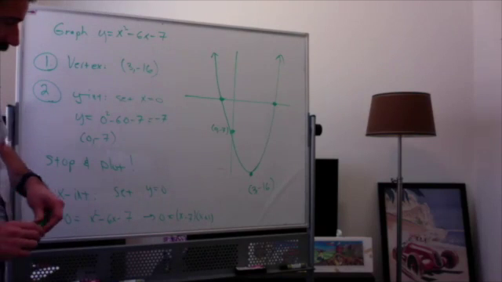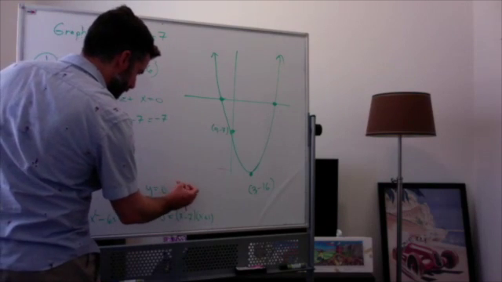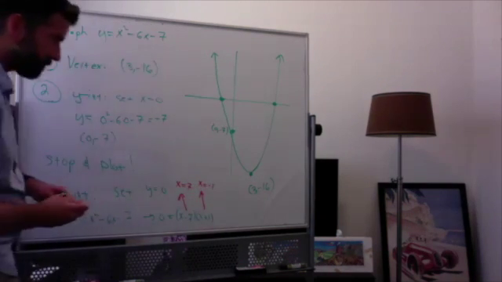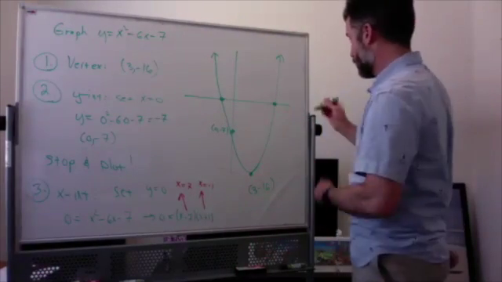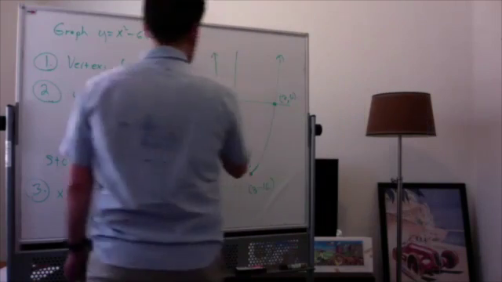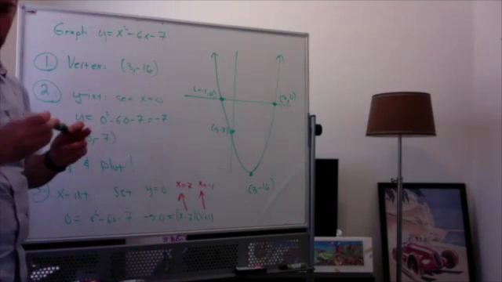And if that's equal to 0, then my solutions are x equal to positive 7 and x equal to negative 1. Which is good. It looks like the points I have make sense with those values. So that's going to be 7, 0. And that's going to be negative 1, 0.